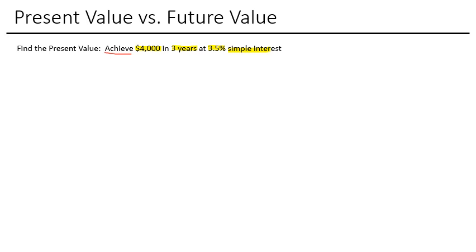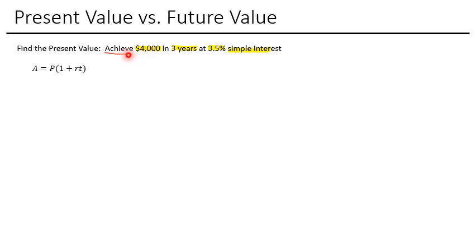So let's go and pull that simple interest formula. The reason I used this: I have present value right here, but then I have this word achieve, and achieve means that this is how much money you want.